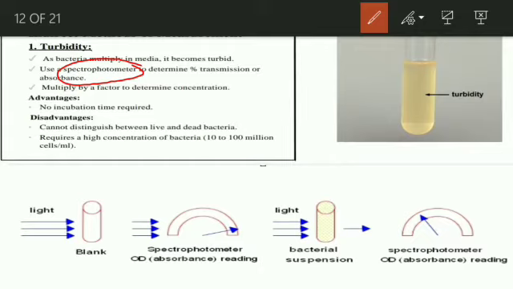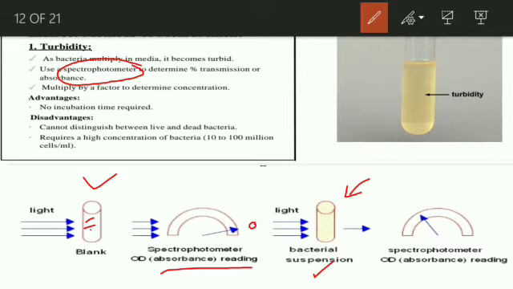Now, how will we do this experiment? First, you need to take a spectrophotometer, and this is the blank, where no bacterial solution is present, only water is present here. It gives an absorbance reading of almost 0. Why is it 0? Because we are using only water here. And then inside the cuvette we keep the bacterial suspension.